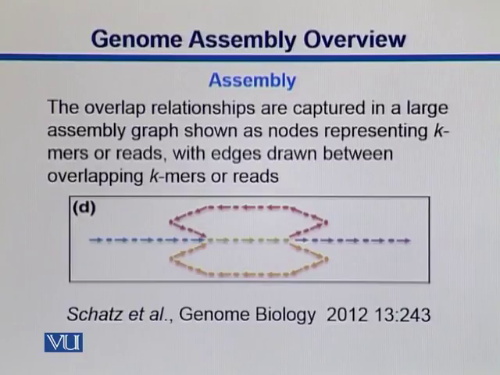We can take a segment like 10 base pairs from it, so our k-mer size is 10, and we then overlap those k-mers with one another. When we overlap those k-mers, we recognize those k-mers as nodes, and the edges between these nodes represent their overlap. In this way we come up with a graph where these nodes and edges are there.